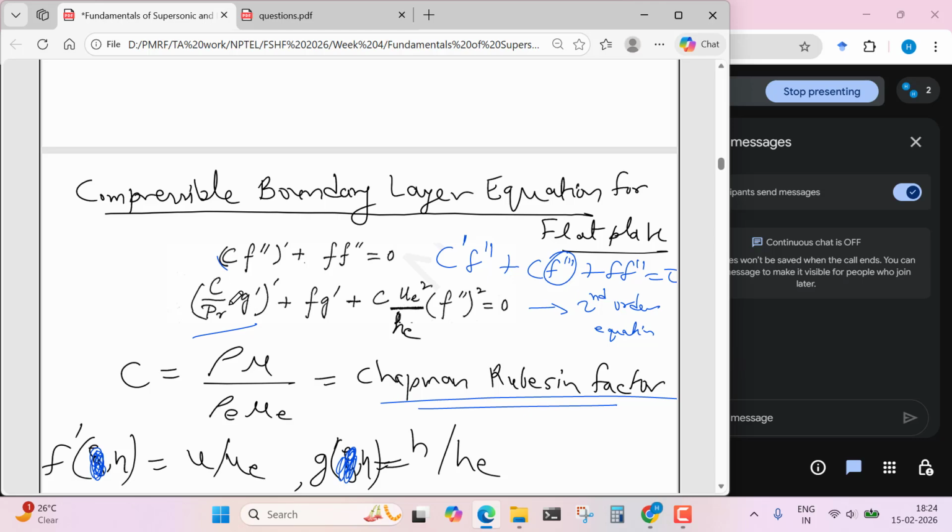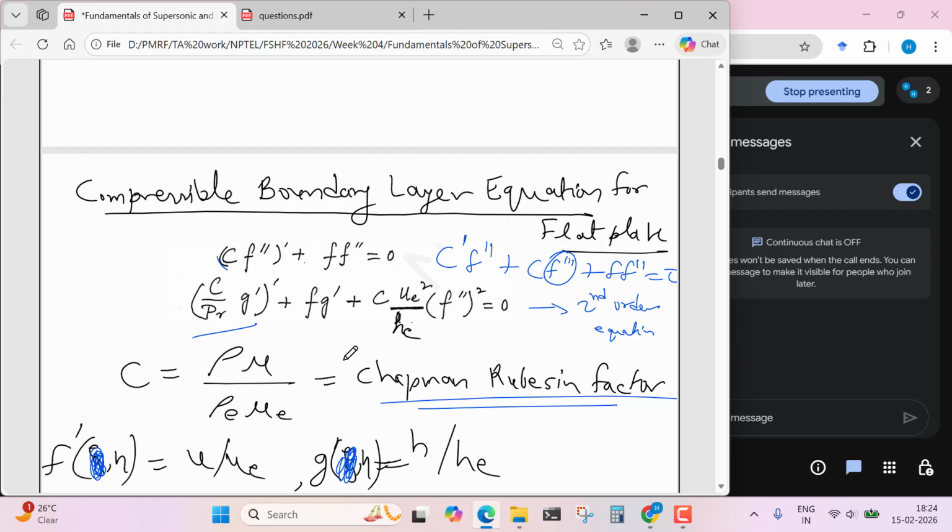Second is (C upon Pr G dash)' plus F G dash plus C u_e squared upon h_e (F double dash) squared equal to 0. Sorry, these are the momentum and energy equations.